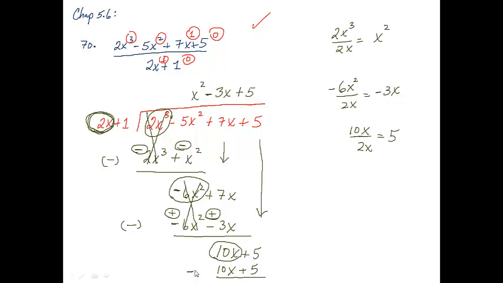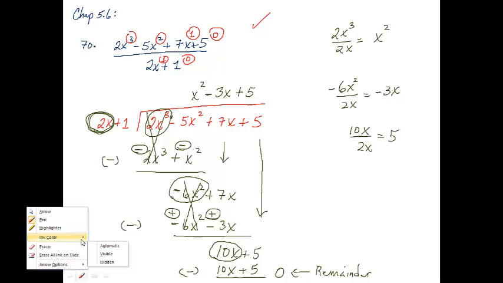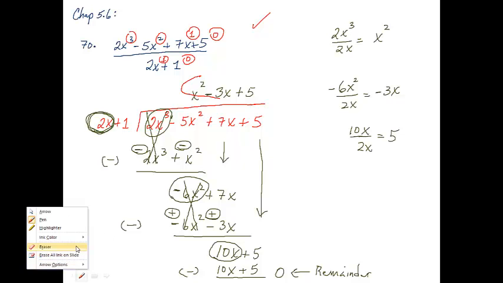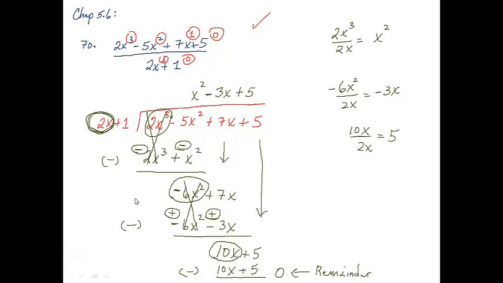And then again, we subtract. And this time I'm not going to worry about changing the signs because we see everything will cancel out. And we'll end up with a remainder of 0. Therefore, your answer is just x squared minus 3x plus 5.